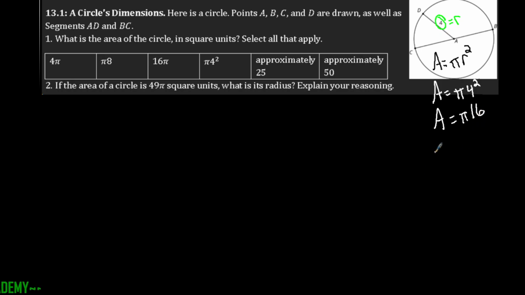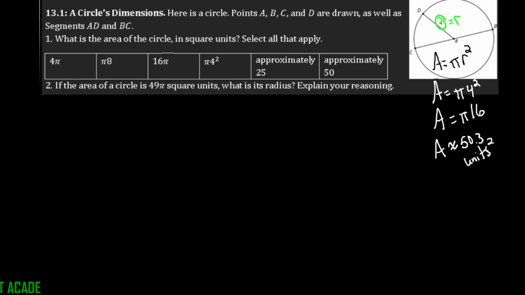And we could also say that's the same as if we plugged in 3.14 for pi and multiplied it by 16, this would be approximately 50.3 units squared, because we're talking about area. So which of these can we pick?